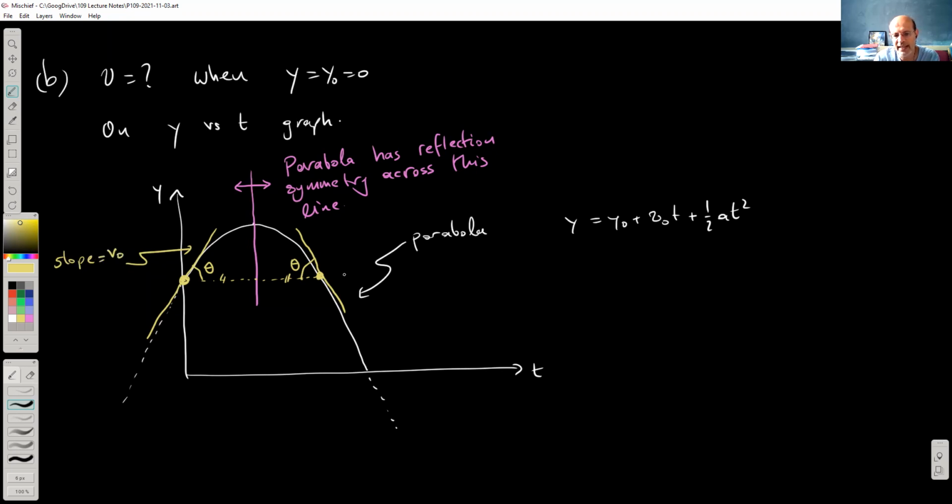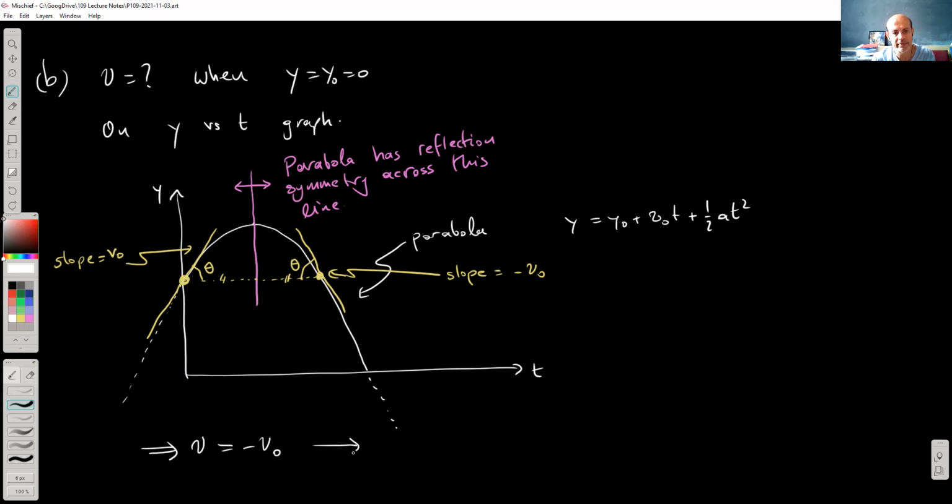In that case, the slope for this curve should have the same magnitude, but the opposite sign. All right, so therefore, this basically tells me that if the object is passing through the same point a second time, its velocity becomes the negative of the initial velocity. All right, so therefore, the velocity is equal to minus V0.